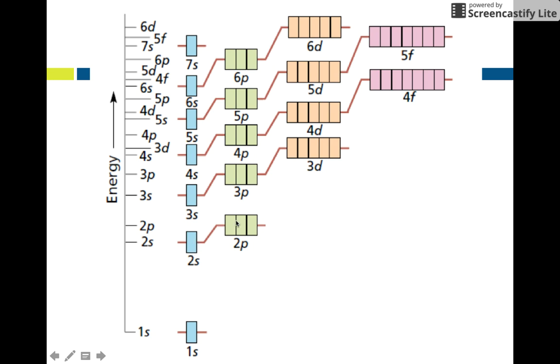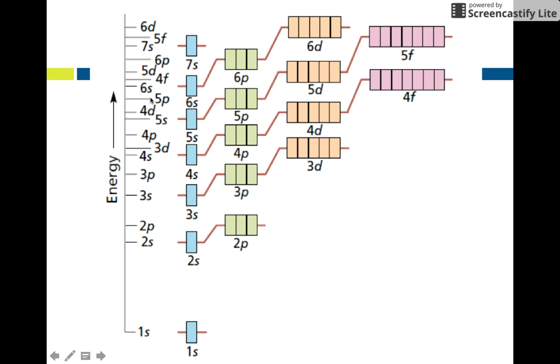But within each energy level, there has to be a difference between the s, the p, and the d orbitals. And so basically we get to a point where when we start looking at the d and f orbitals, there's almost a little bit of overlap between the 4s and the 3d. 3d is slightly higher in energy than the 4s. 4d is slightly higher in energy than 5s, excuse me.